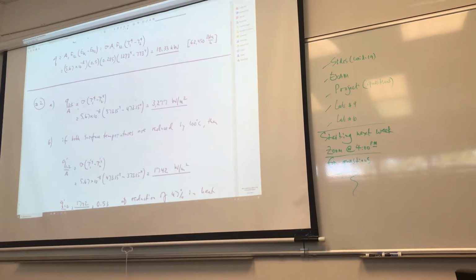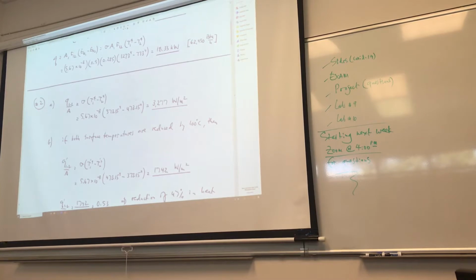So Q12 over A is sigma times (T1 to the power 4 minus T2 to the power 4). When they are separated like that, as infinite plates, with these temperatures, the heat flux or heat exchange is 3077.